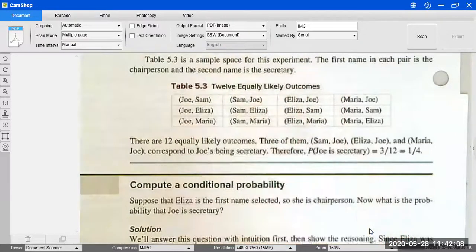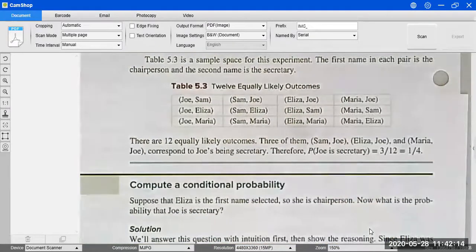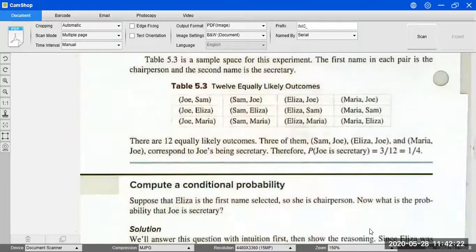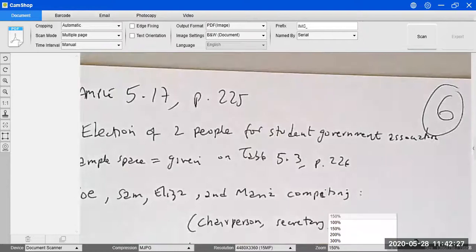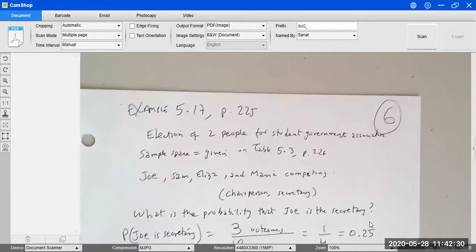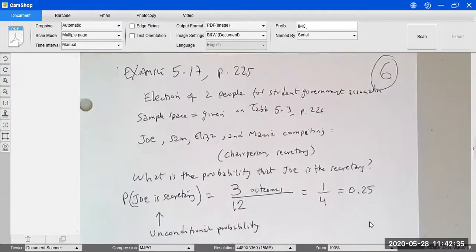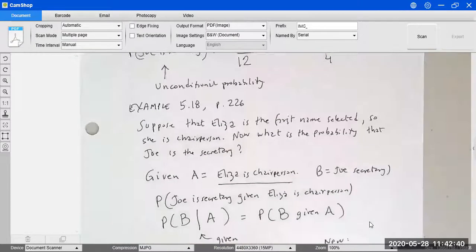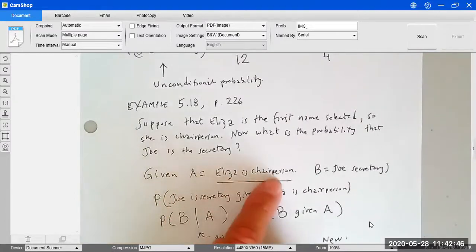Now we're going to repeat the process. Out of these 3 cases, in how many cases is Joe going to be the secretary? You're going to see that it's only 1 case out of 3. So that's the answer for this problem. I'm just going to summarize this here for your notes. What is the probability that Joe is the secretary in example 5.18, given A, Elisa is the chairperson?